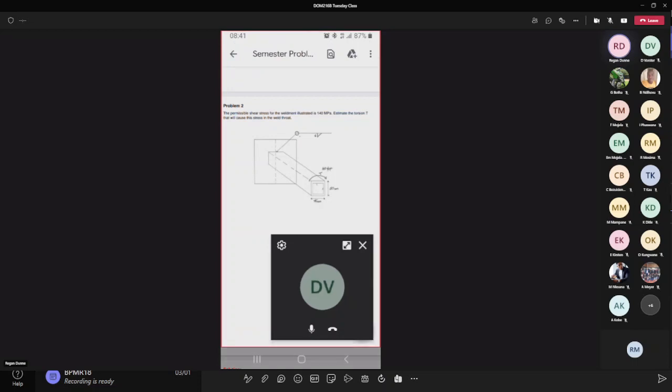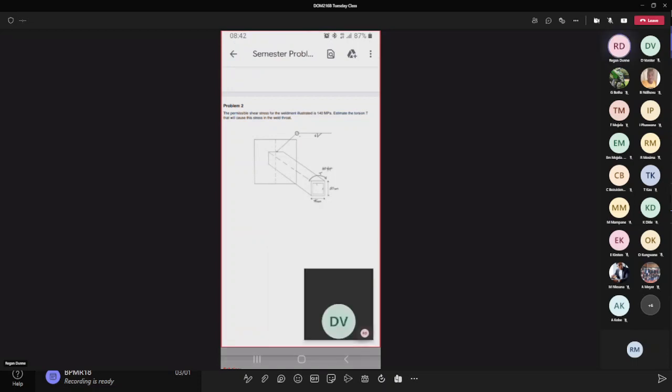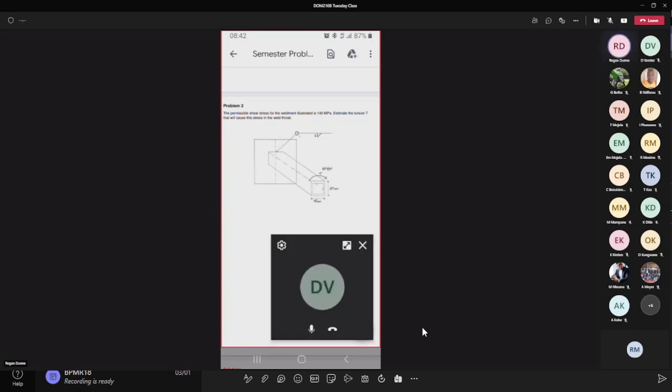I'm going to give you guys some time to solve this problem. This is actually a very easy problem. So if you aren't able to solve it, once you see the solution, you'll realize how simple it is. It's quite a simple problem to solve. I'll give you guys a few minutes to attempt it. If you have any questions, please feel free to ask.